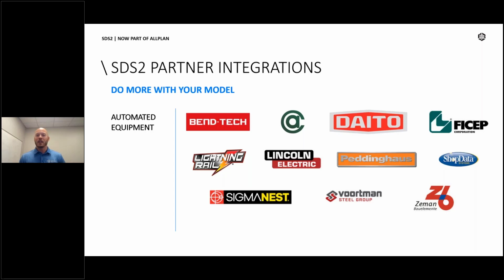And then you've got Control Automation, Ficep, Peddinghaus. Those are some of the bigger players, or Lincoln Electric with their PythonX. Voortman, Siemens has the automatic beam assembler that assembles and welds things together for you. So yeah, we do a ton of different integrations to make your shops run smooth also.